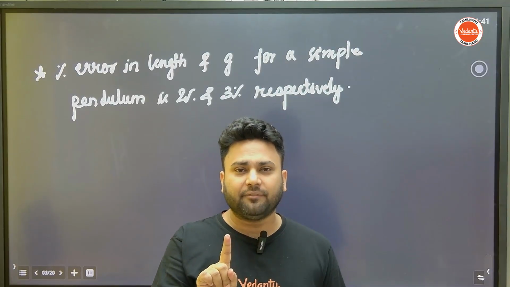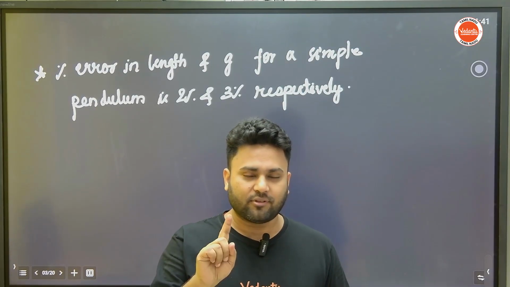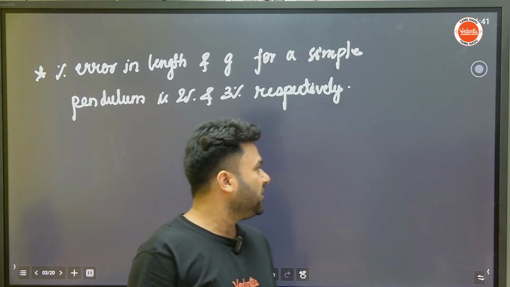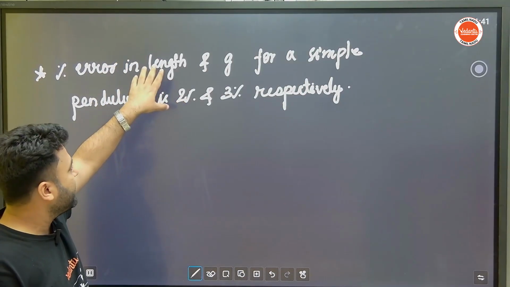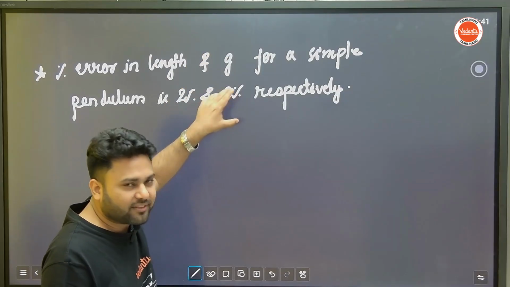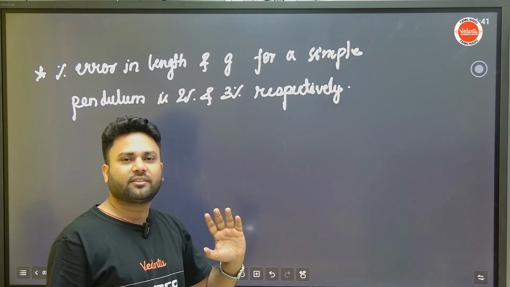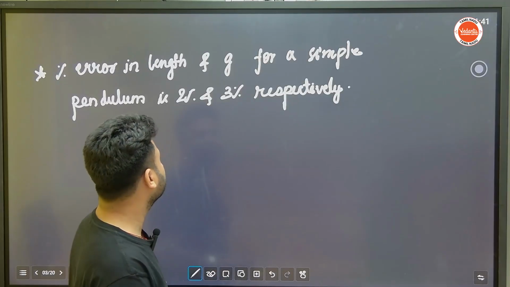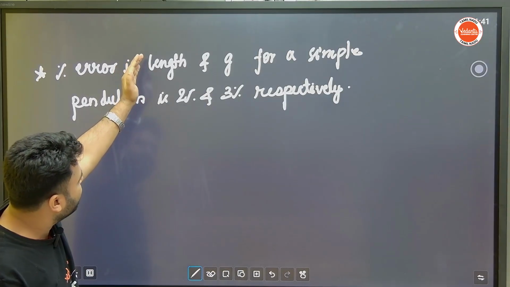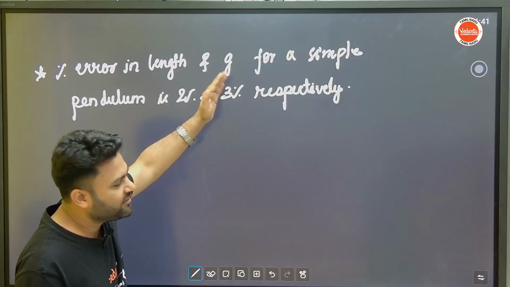Respectively does not mean with full respect. Respectively means percentage error in length is 2% and percentage error in gravity is 3%. Some students feel that sir is giving respect to the question. No. So percentage error in length is 2%, percentage error in gravity is 3%.